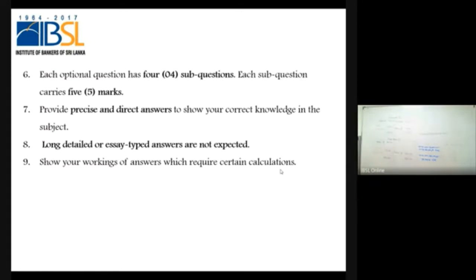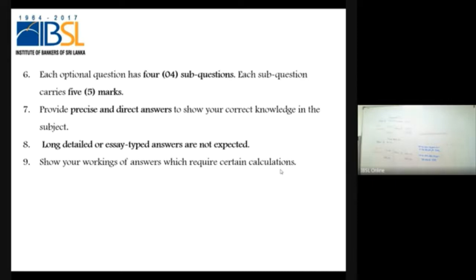There had been instances where candidates have done the MCQ question on the question paper itself and they have attached the question paper to the answer book. So they would have lost the marks because you are not in a position to read the instructions and answer accordingly.